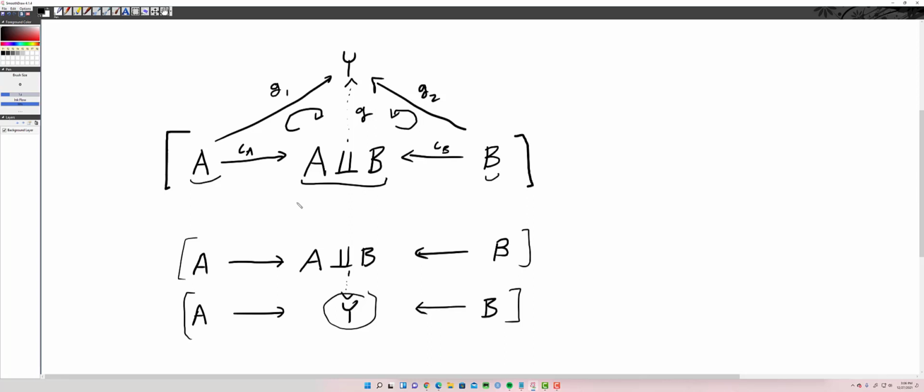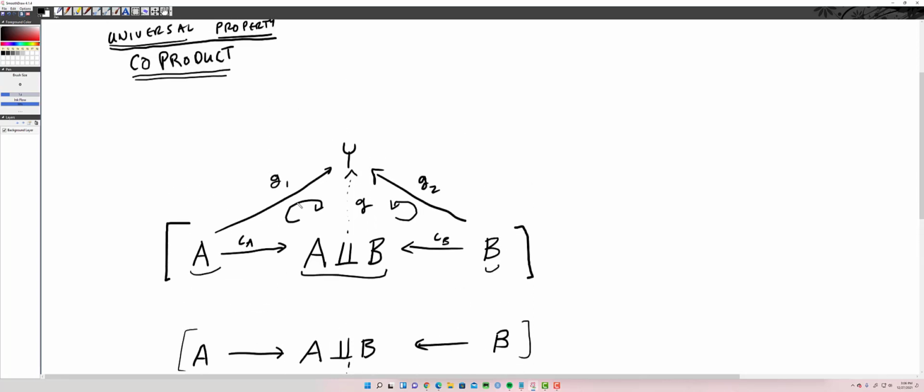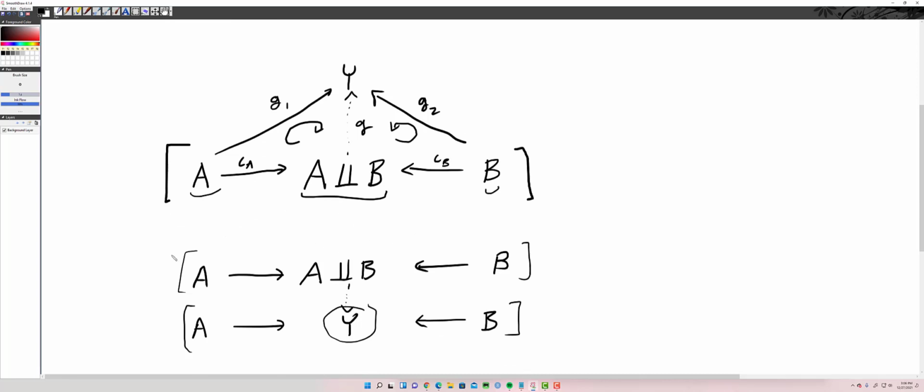It's the least specific thing where I can put an inclusion map from both the dogs and the cats. And I'm just doing the same thing. I'm saying that if I have an object Y that I can include A in and I can include B in, there's got to be some unique morphism coming from the coproduct to Y.